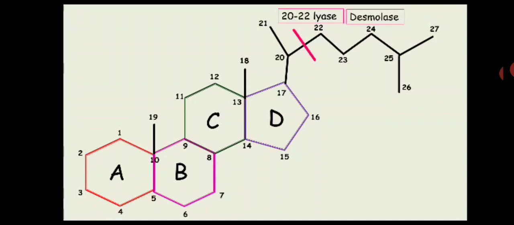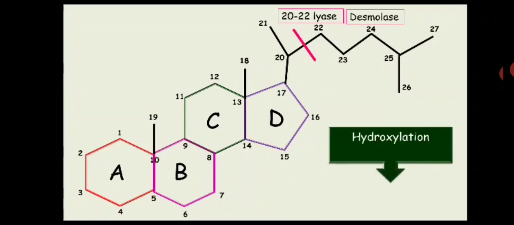Clear? Now inside this pregnenolone nuclei we have to add a hydroxyl group on some carbon. Adding OH to a carbon is known as hydroxylation. So in order to make a steroid hormone we have to do 2 things.